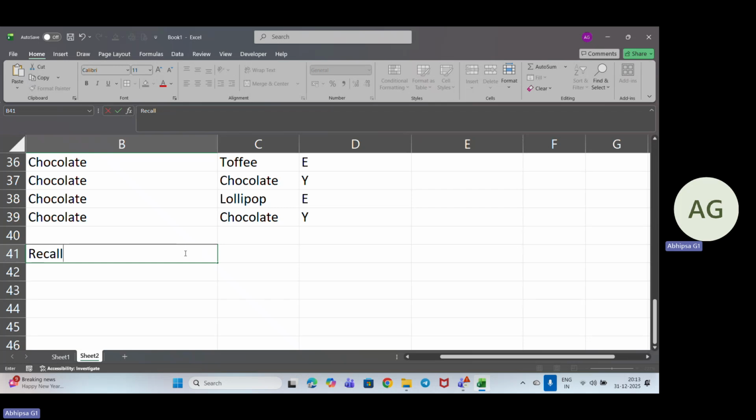Let me give the example again so that you can understand it once more. Imagine there is a basket containing many candies, and among all of these candies you have kept only 10 chocolates, like Cadbury Dairy Milk. You have hidden those 10 inside that basket of candies.